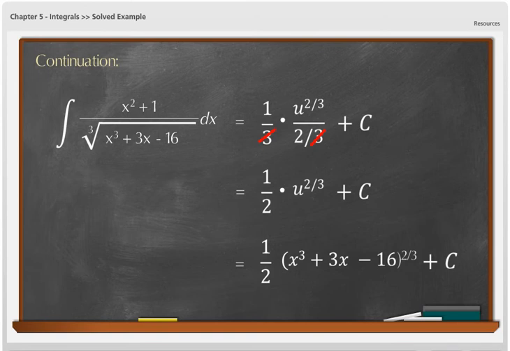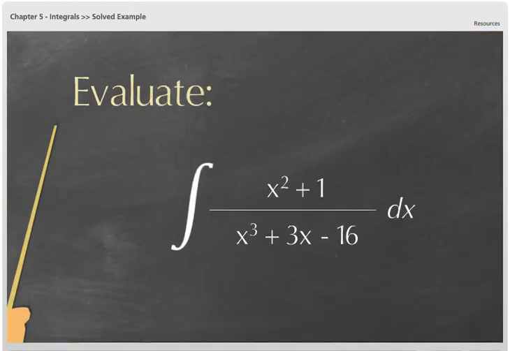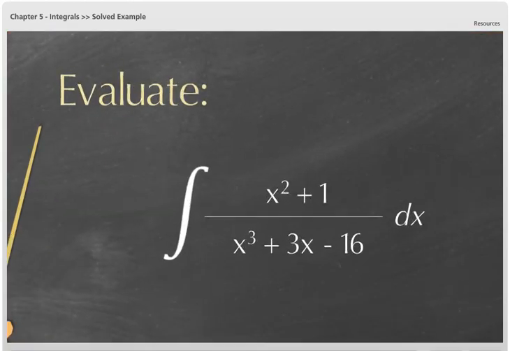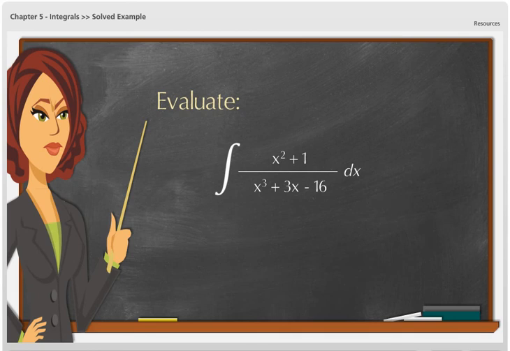Now, if you understand this example and the solution that we provided, think about the following question. The following question is asking you to evaluate a similar indefinite integral of (x squared plus 1) divided by (x cubed plus 3x minus 16) dx. The only difference between the two integrals is the cubic root in the denominator.